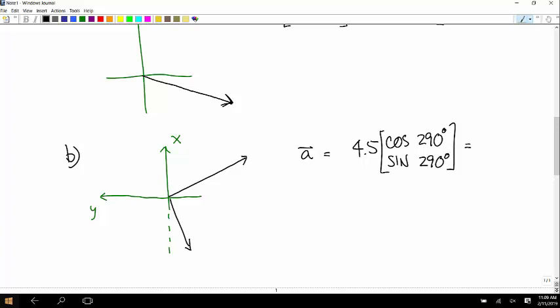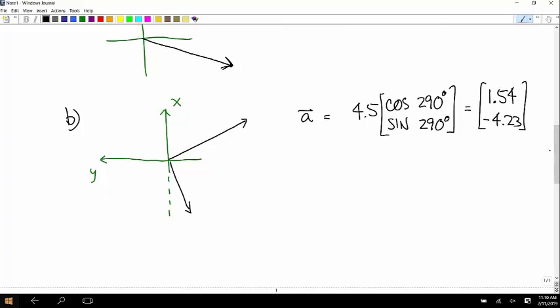And what do you get for that? Okay. Oh yeah, makes sense. And then for B, that's 3.8 times 180 plus 15, so cosine and sine of 195. Wait, how's it 195?